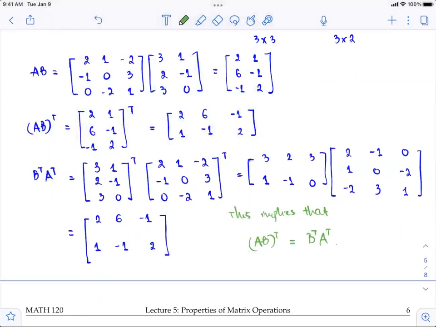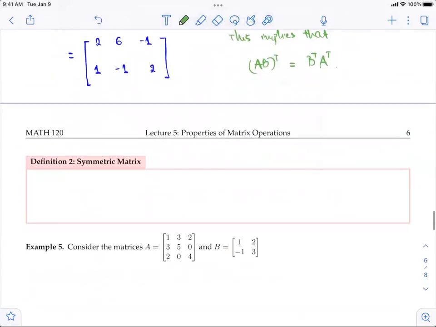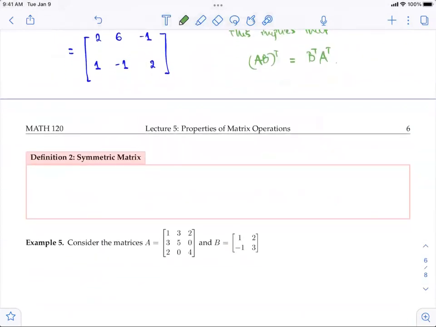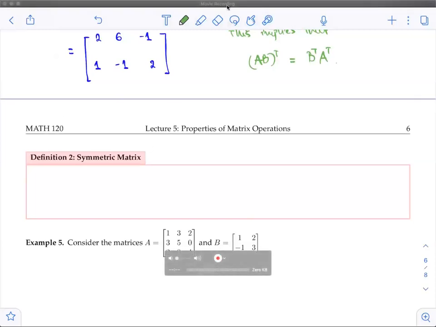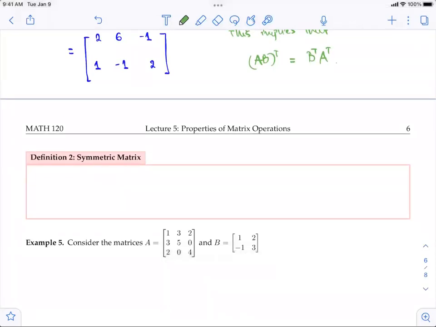Okay. Now, moving on to the next definition, which is symmetry of a matrix. So a square matrix A is symmetric if A, the given matrix, is equal to its transpose.